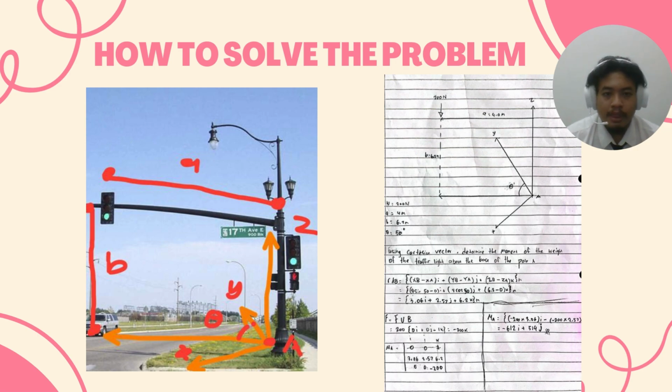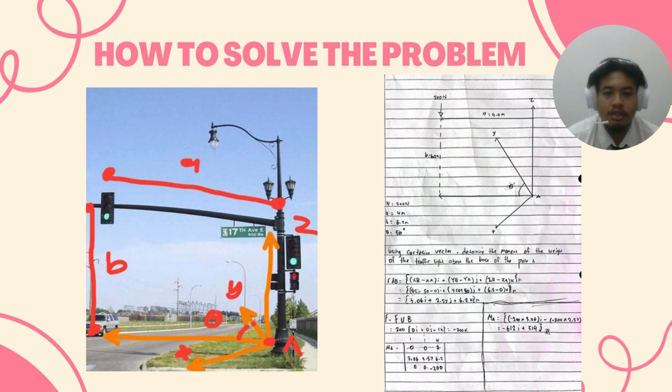The formula to find R_AB is (x_B minus x_A)i plus (y_B minus y_A)j plus (z_B minus z_A)k. So inputting all this information into the formula, we get (4 sin 50 minus 0)i plus (4 cos 50 minus 0)j plus (6.3 minus 0)k.